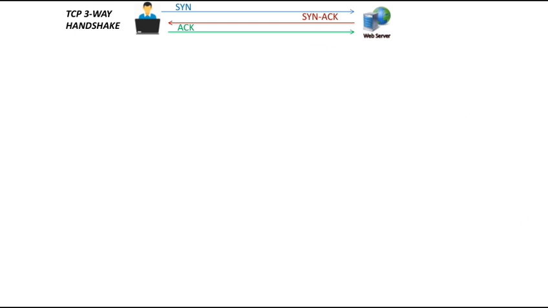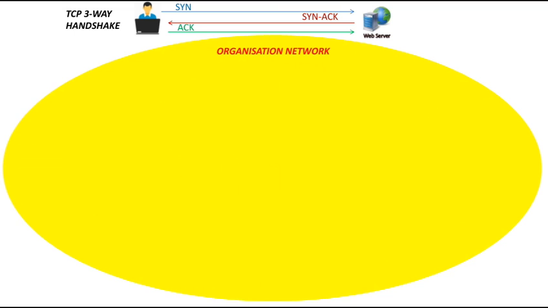Now, this is an organization network and they have deployed a web server or any Windows-based server or any other system which is giving services to the users, and they want to carry out its penetration testing through a penetration tester.